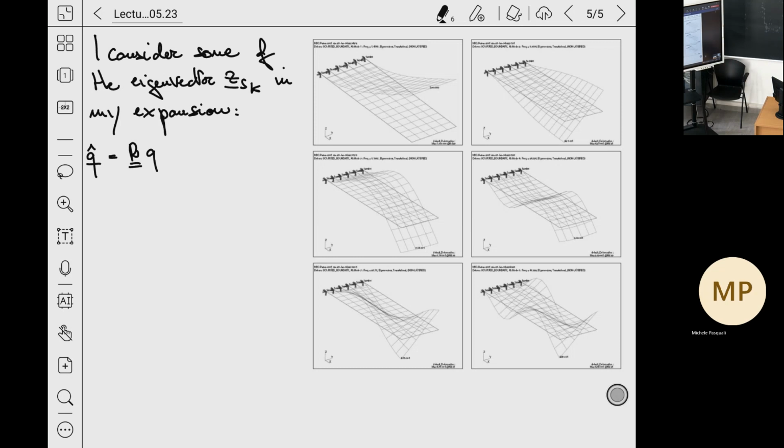Guyan-Irons, so this is the part that we had before, no?